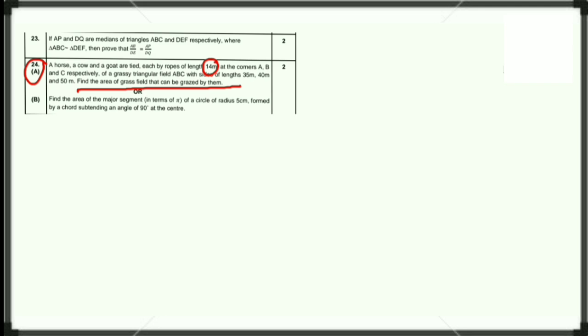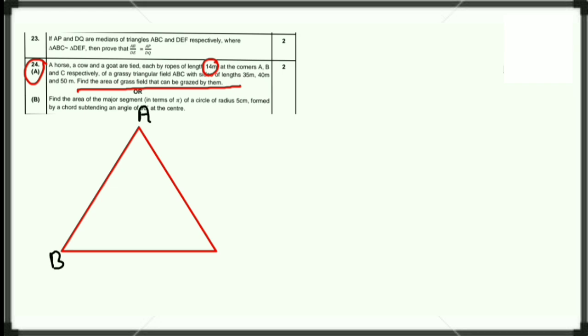Okay, students, suppose here is a triangular grass field with corners A, B, and C. And according to this question, a horse has been tied at the corner A with a rope length of 14 meter, right?